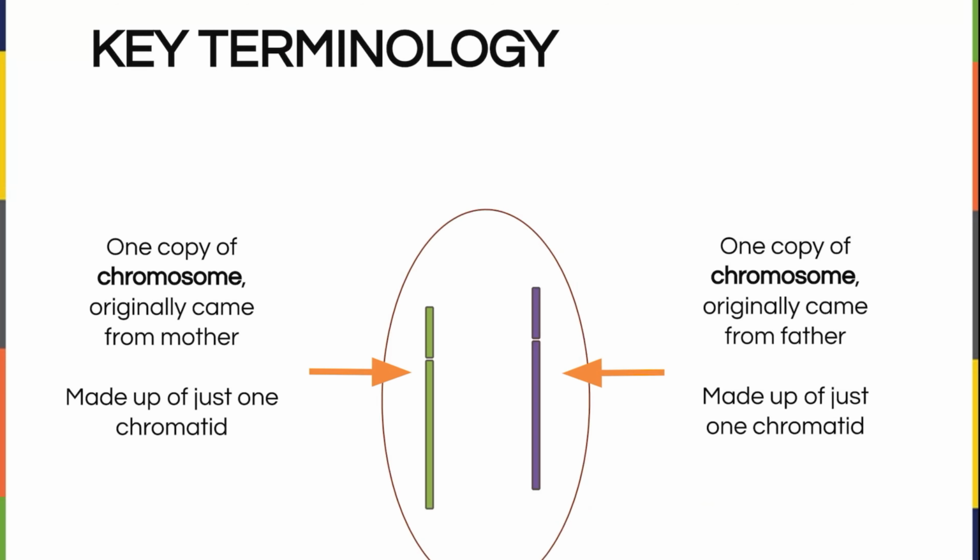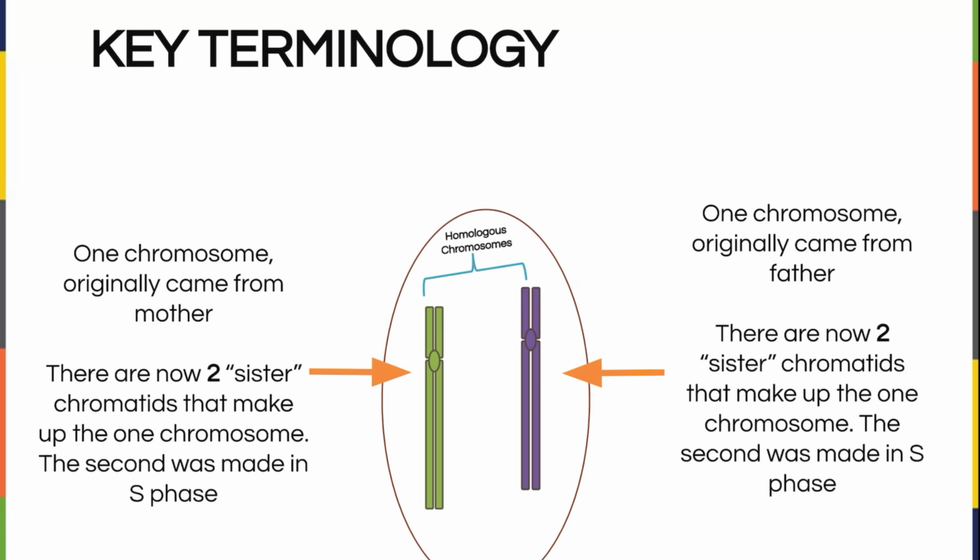So these are coding for the same genes, but they might have slightly different variations. One copy of this chromosome came from the genetic mother, and one copy came from the genetic father. Each individual chromosome is actually called a chromatid. When the cell prepares for growth, it copies the information on each chromatid.